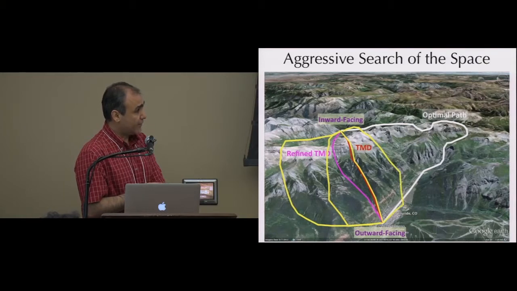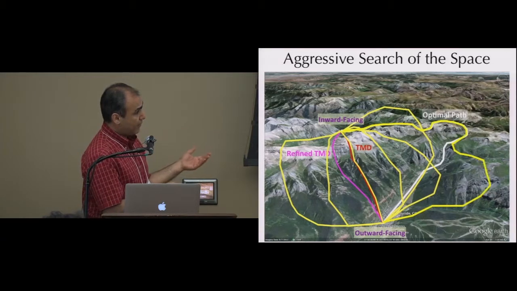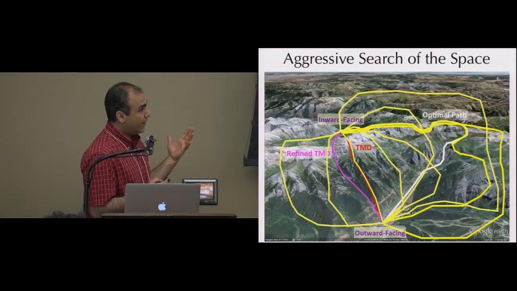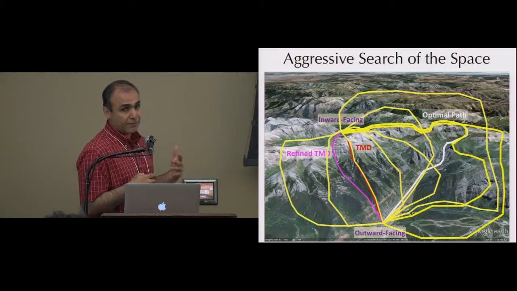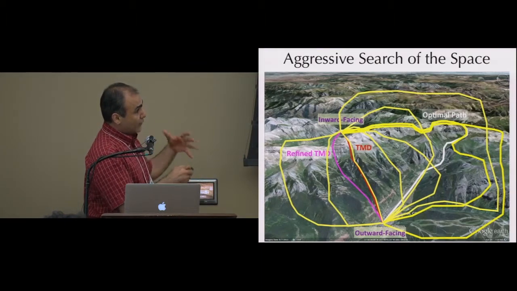We spent at least half of our computational effort on this step in which we try to explore this space. This is a very huge space, and we run on the order of hundreds of different initial exploration calculations to explore this space.